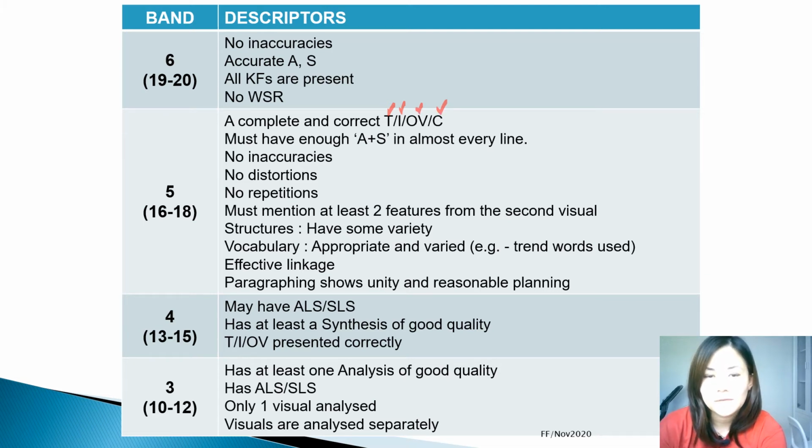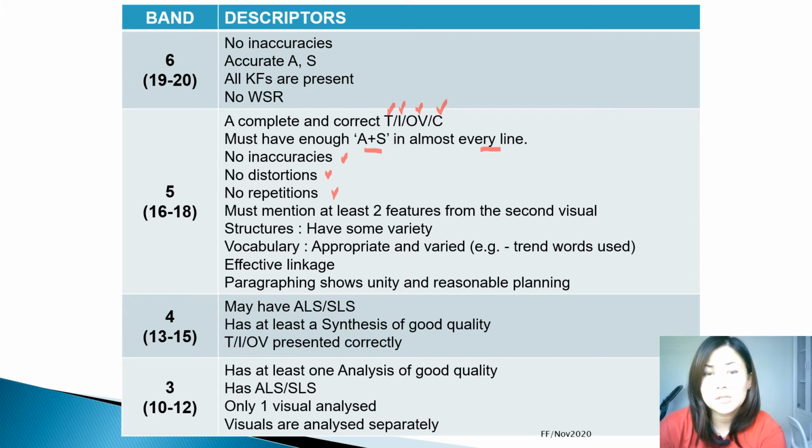Because if you have any mistakes in any of these, you will drop to band 4 for task fulfillment. You must have enough analysis and synthesis in every line. As much as possible, whatever sentences you make contain analysis and synthesis. All right. No inaccuracy, no distortion, no repetition.